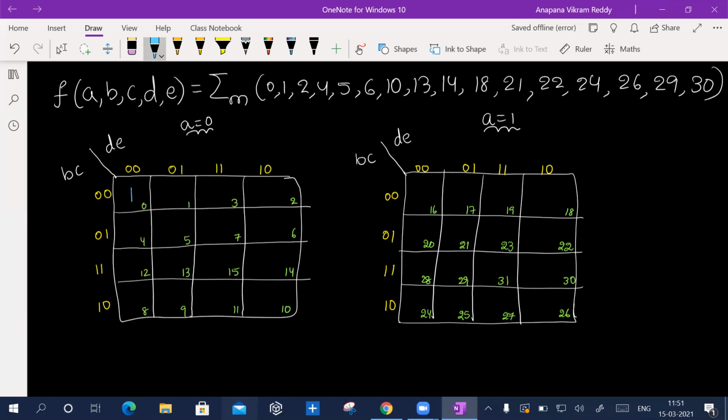So I have 0. See this 0, 1, 2, 4, 5, and this is 6, 10, 13, and I have 14. And then I have 18, 21, so on like that. So 18 is here, 18, 21, and 22, and I have 24, I have 26, 29 and 30.